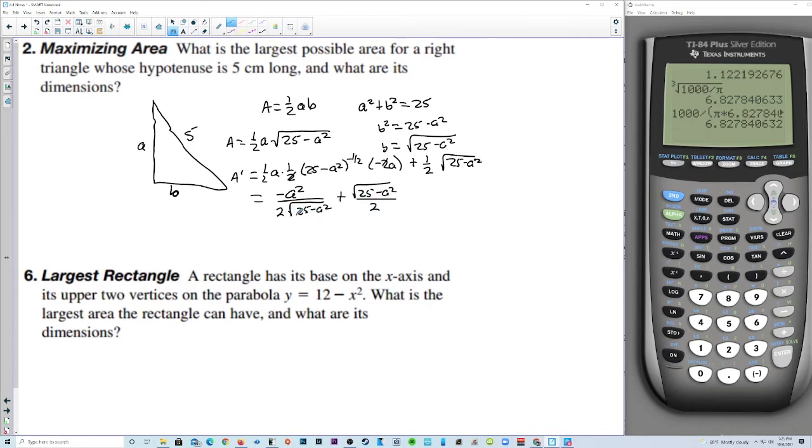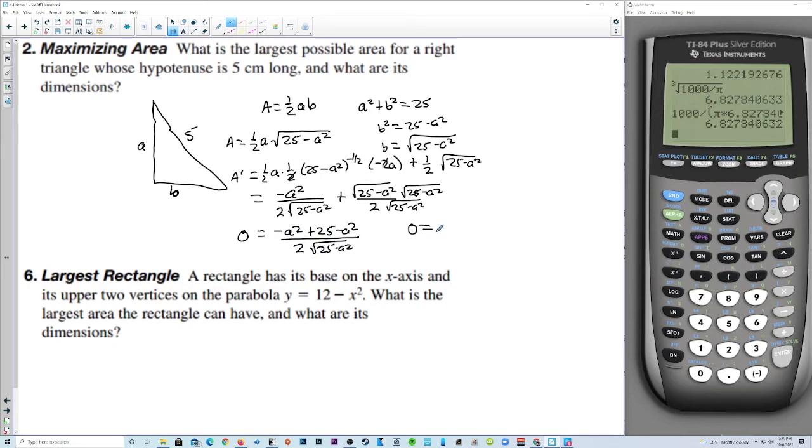Well, should we get a common denominator? So we need to multiply by square root of 25 minus a squared on the top and the bottom here. So that's equal to, and we're going to set this equal to 0, negative a squared plus 25 minus a squared over 2 times the square root of 25 minus a squared.